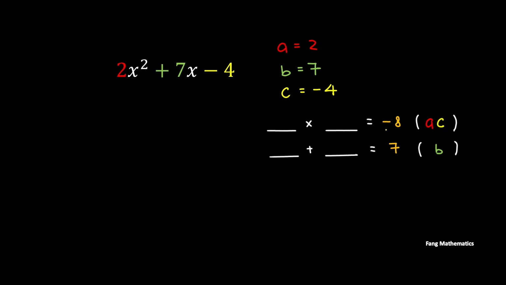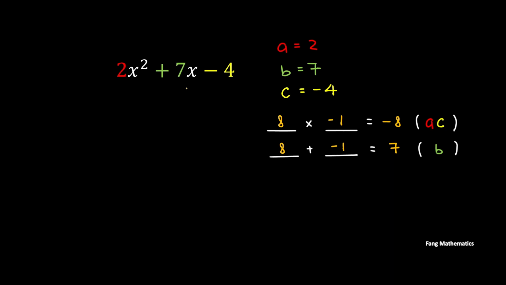Let's look at the clue. The product of two numbers is minus 8, so the two numbers are of different sign, and the sum is 7. So that tells you the magnitude of the positive number must be greater than the negative. So you can easily think of the combination as 8 and -1, that they are multiplied together to give you -8, while added together to give you 7.